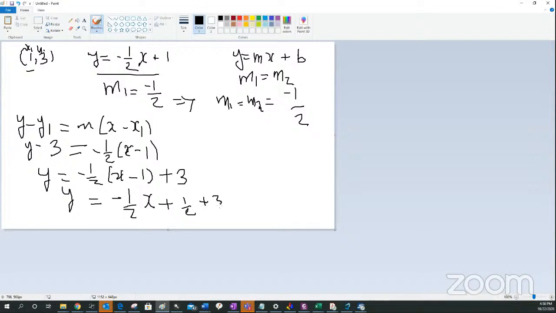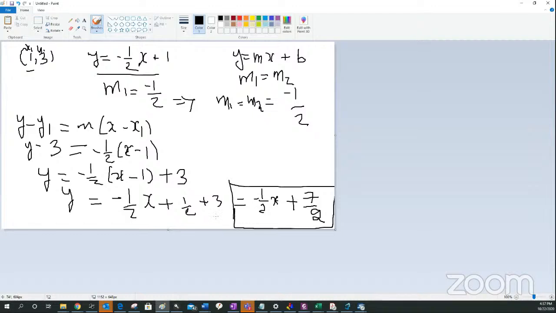So that gives you negative 1 over 2 x plus, sorry, 7 over 2. So that gives us this. All right, so this is our equation.